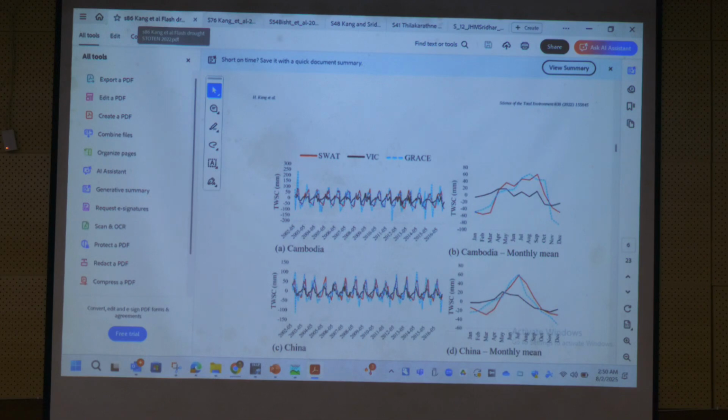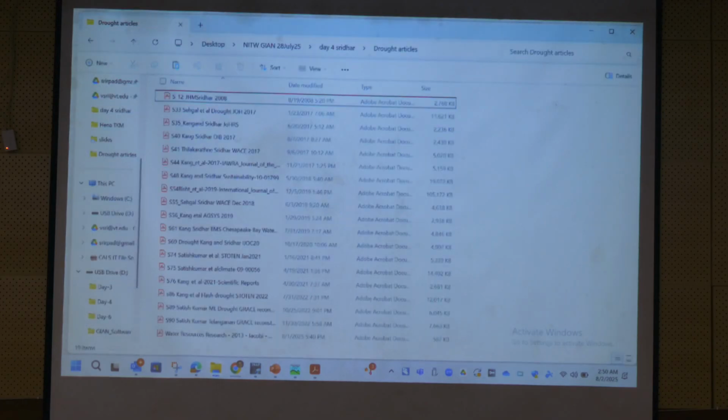So, we kind of combined that, but you might be interested in the latest article on this paper, which is Satish Kumar's paper on reconstructed data.